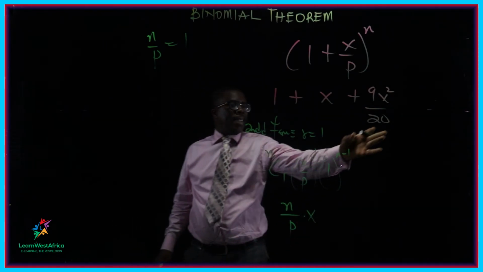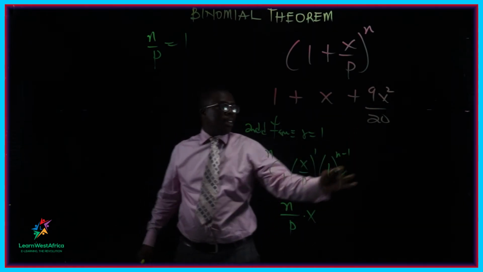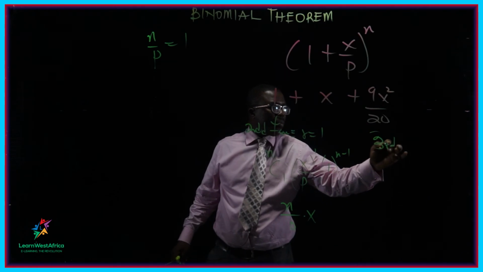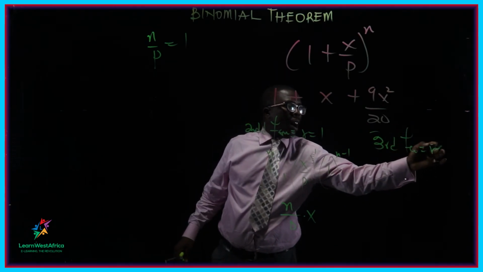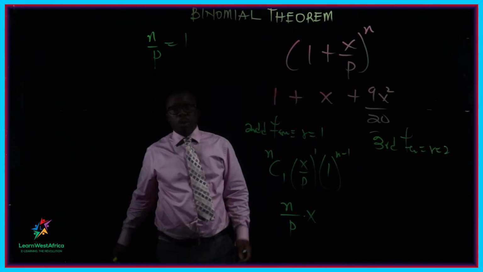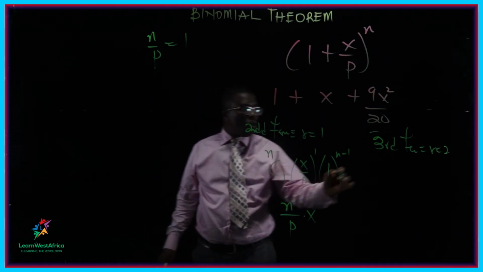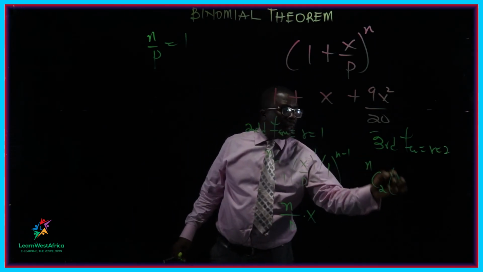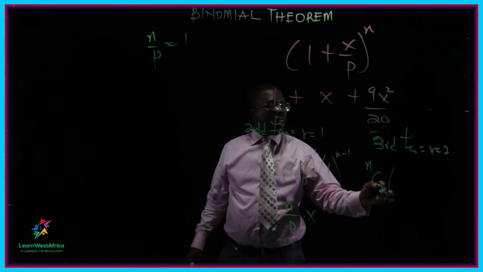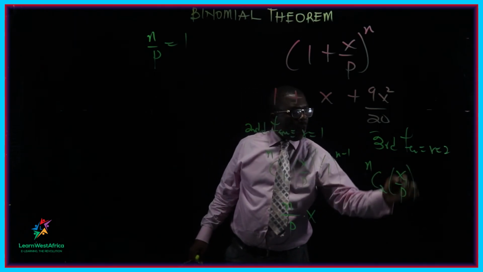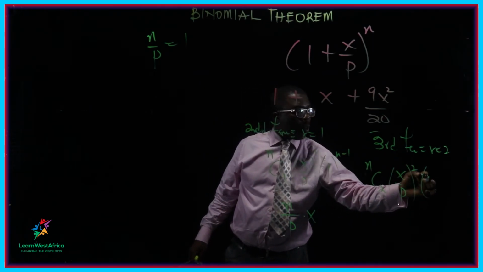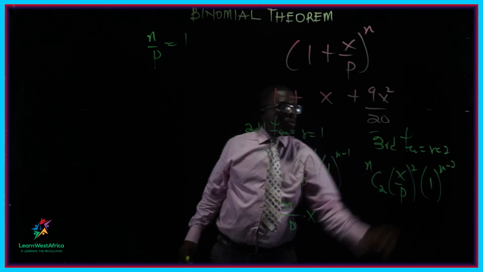Now, let's look at the third term, as stated here. The third term should have our r being equal to 2. So how do we work that out? Our r equal to 2 will mean that you have n choose 2 into bracket x over p all squared into bracket 1 raised to the power n minus 2.